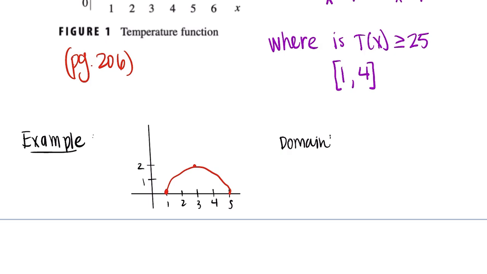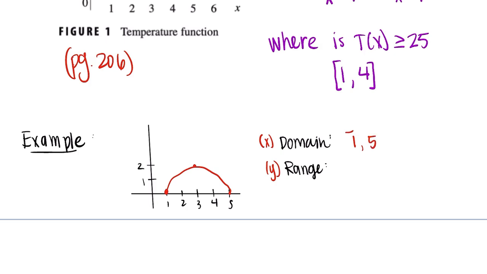So the domain is your x. Range is the y. What is my smallest x value on this graph? 1. What's the biggest x value? 5.